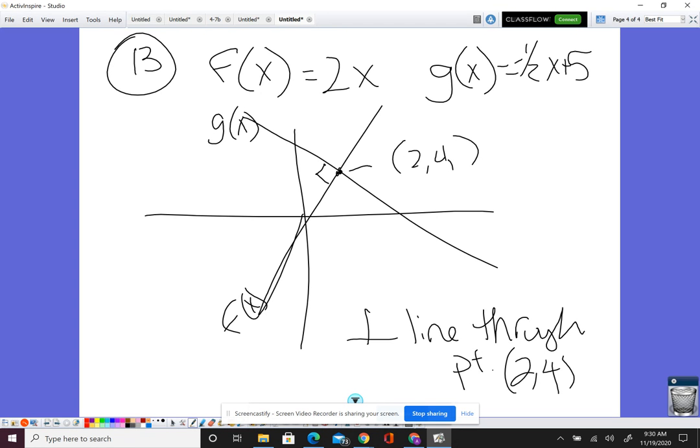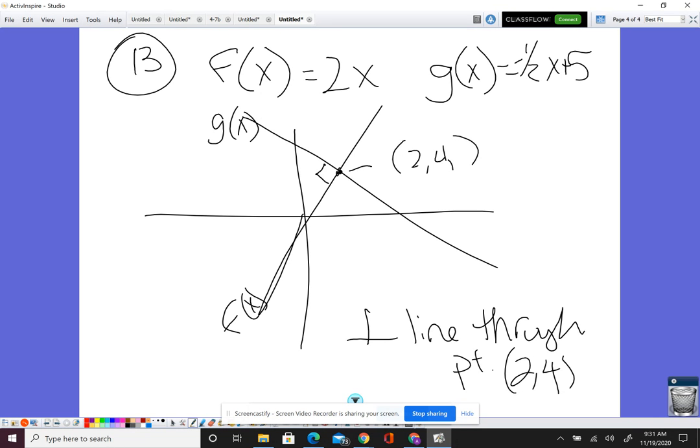You can say that the two lines are perpendicular to each other. You wouldn't say that it's a rotation of -90 degrees about the point 2, 4, because that's what it would be, but no. I'm looking for more that you're talking about the slopes and the y-intercepts.